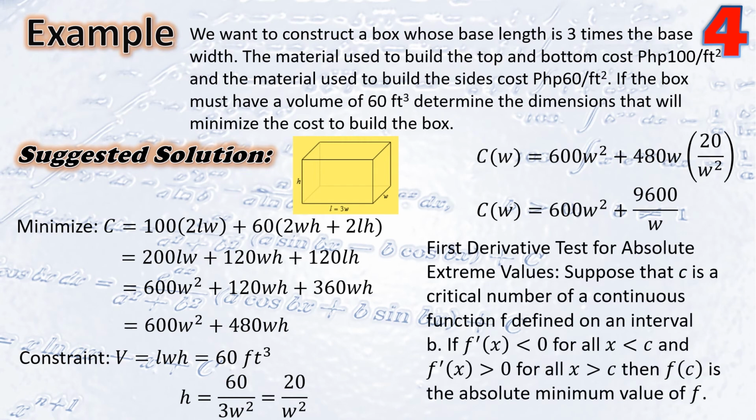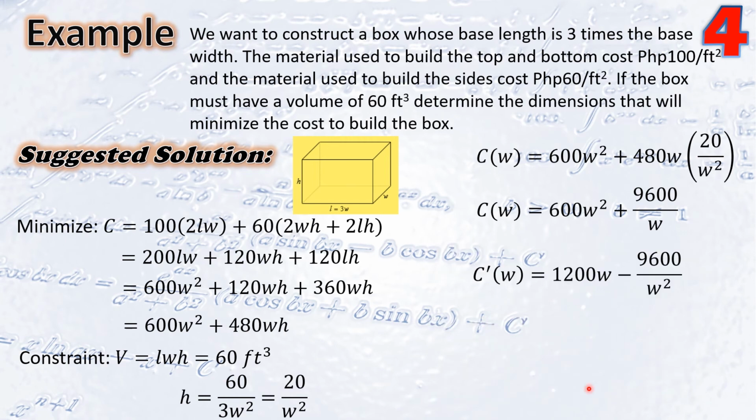Letter B, if f prime of x is less than 0 for all x less than c, and f prime of x is greater than 0 for all x greater than c, then f of c is the absolute minimum value of f. This time, let us have the derivative of C of W.